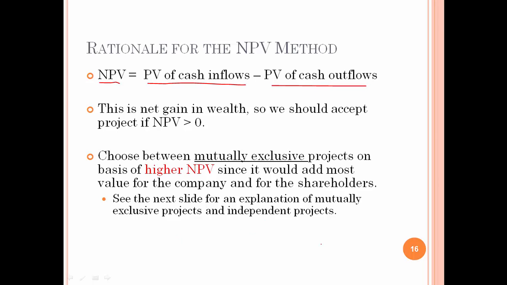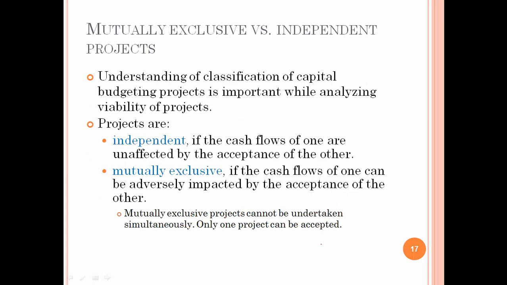In case you need to understand what are mutually exclusive projects and what are independent projects. Let's see. Projects are mutually exclusive if the cash flows of one can be adversely impacted by the acceptance of the other. This means these projects cannot be undertaken simultaneously. Only one project can be accepted, and if you accept this one project, you do have to reject the others.